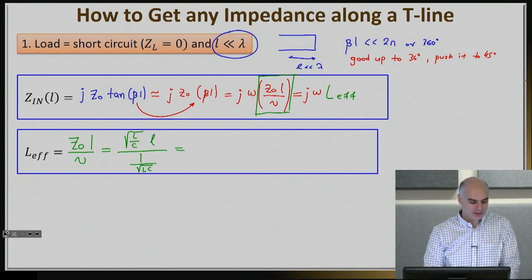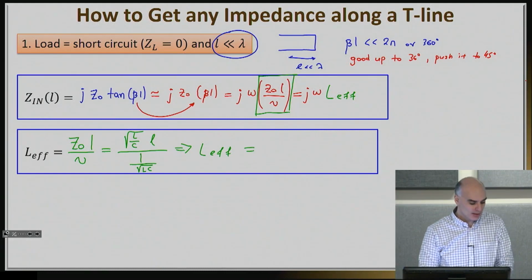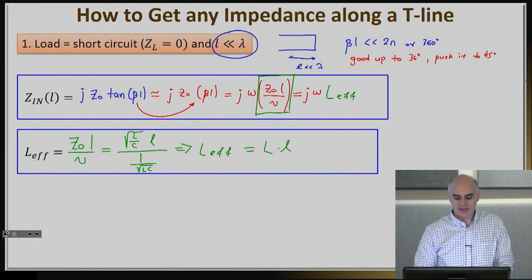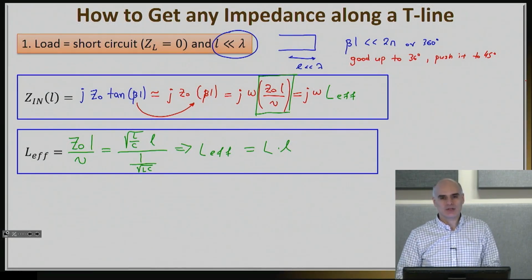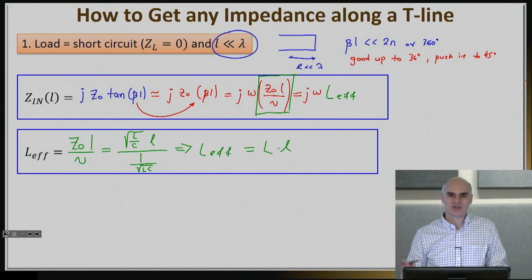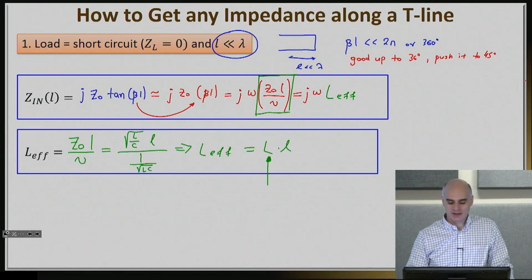So if I look at this equation here, that means that my effective inductance is equal to nothing else but the inductance per unit length, L, times the length of the line. What a beautiful result. It's actually one of the simplest inductors you can ever make. It's simply a short section of a transmission line, and you get this very beautiful result that approximately it's equal to the inductance per unit length times the actual length that you have.